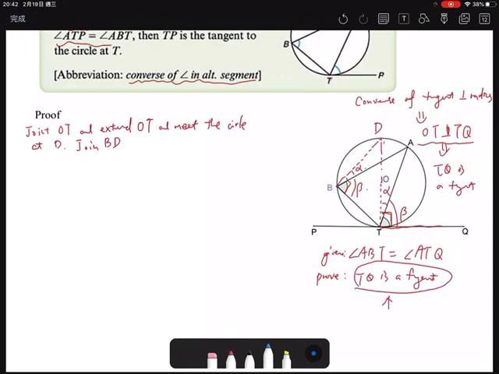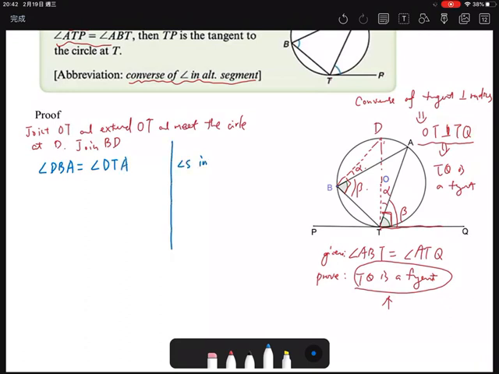So now we know that angle DBA equals angle DTA.